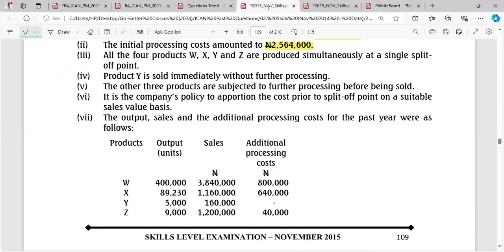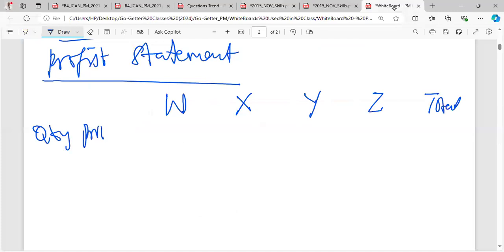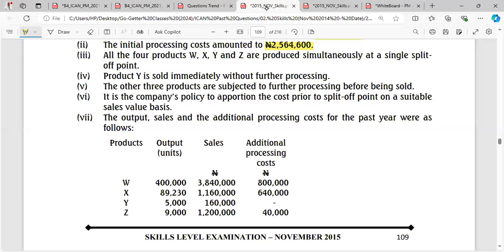So we write the quantity produced here. Quantity produced. So this is 400, 89,230.